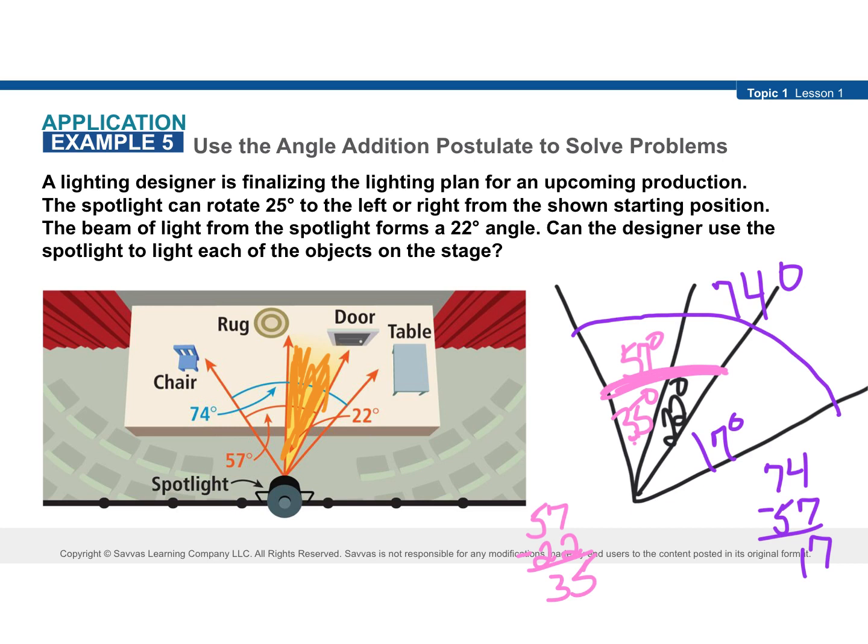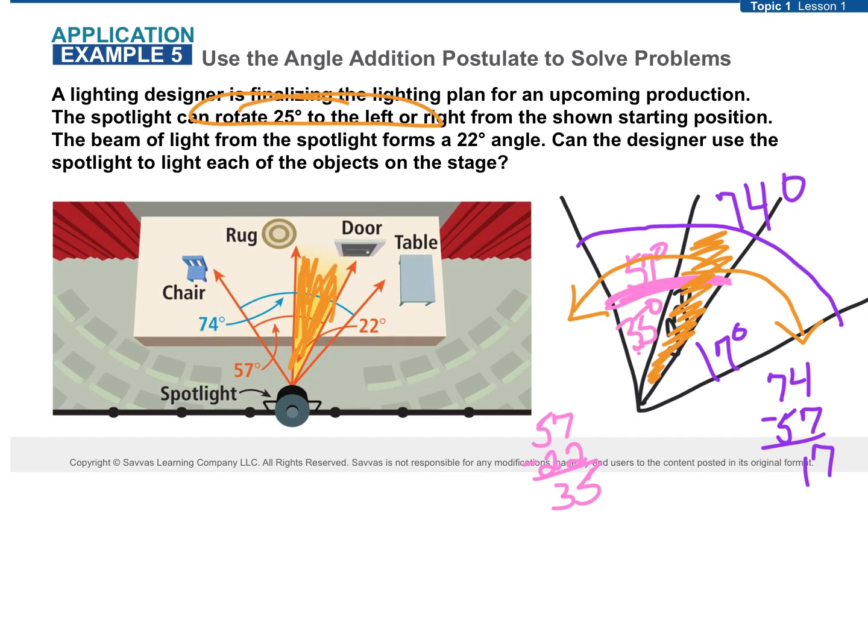So now we have the spotlight right here, and it can rotate 25 degrees to the left or to the right. So if it can rotate 25 degrees, it's going to cover this, right? But will it cover the 35 degrees?